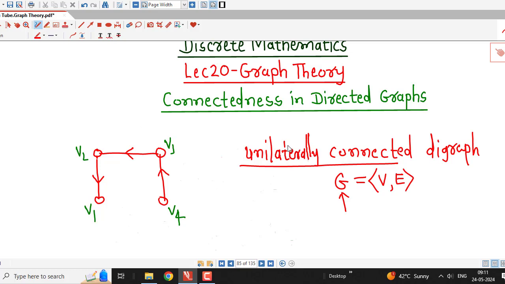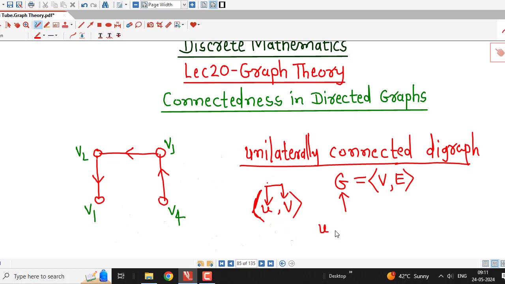A directed graph is said to be unilaterally connected if for any pair of nodes in the graph, at least one of the nodes is reachable from the other.